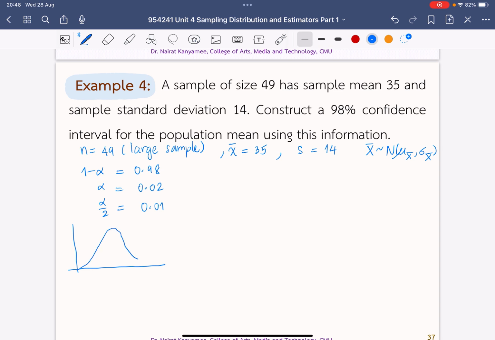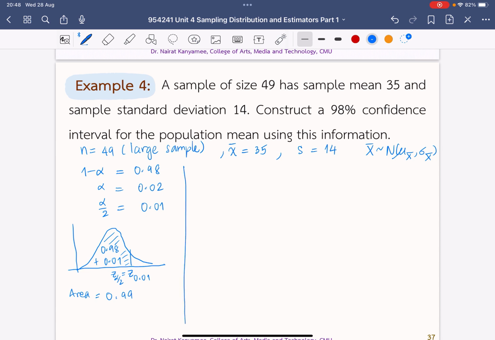We're looking for z alpha over 2, looking for the area here, which is 0.99.